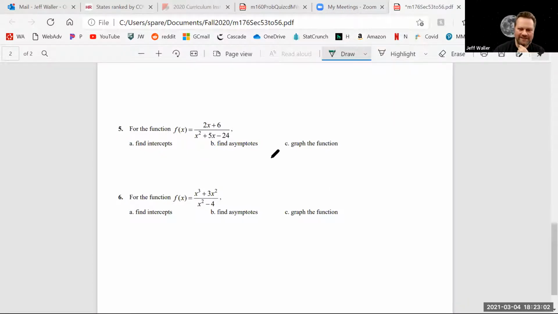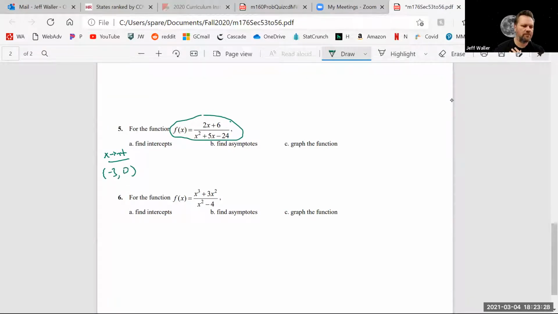So let me see. Intercepts has to be simple. So how do I find the x-intercepts for a rational function? What do I look at? The top. So when's top 0? -3.